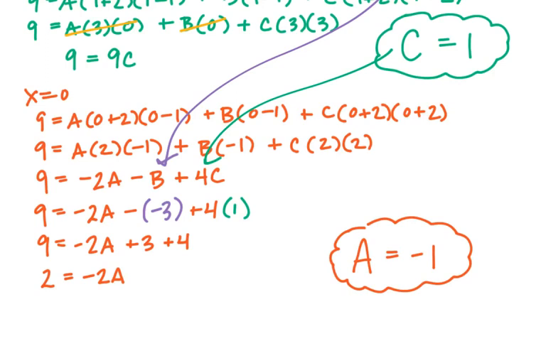So I have all of the pieces I need, and at this point I can take what I originally started with and write it as this decomposition of partial fractions.